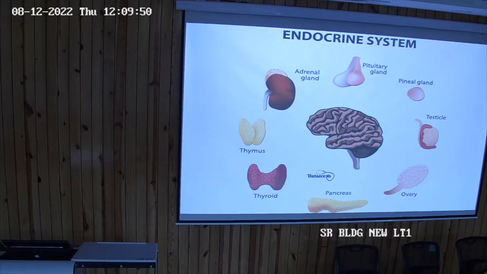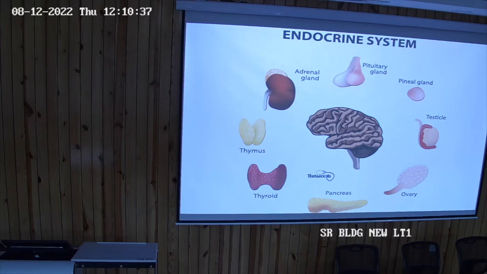But this pituitary gland acts or releases hormones on the feedback mechanism of the hypothalamus. The hypothalamus, as I told you in the introductory class, is part of the diencephalon. The telencephalon forms the cerebrum, and the diencephalon forms the thalamus, hypothalamus and so on. So this hypothalamus, by the feedback mechanism, controls the pituitary gland.